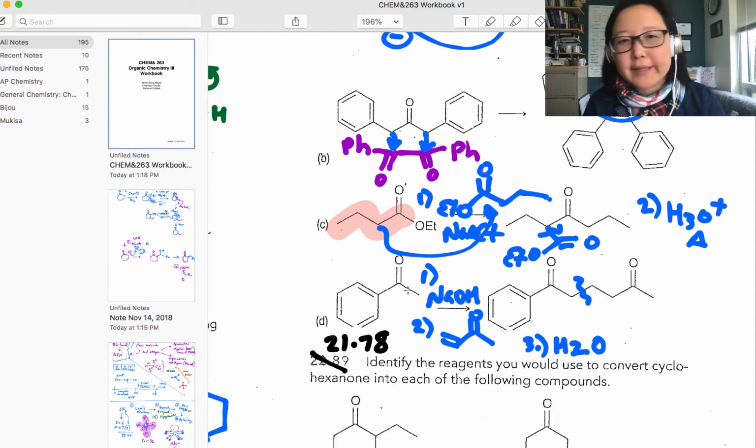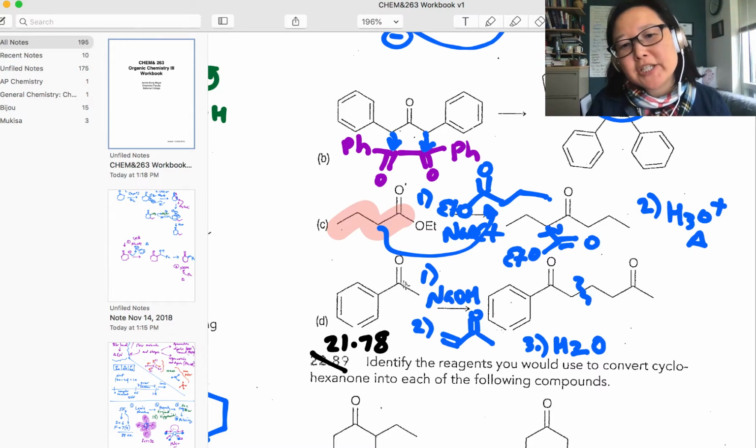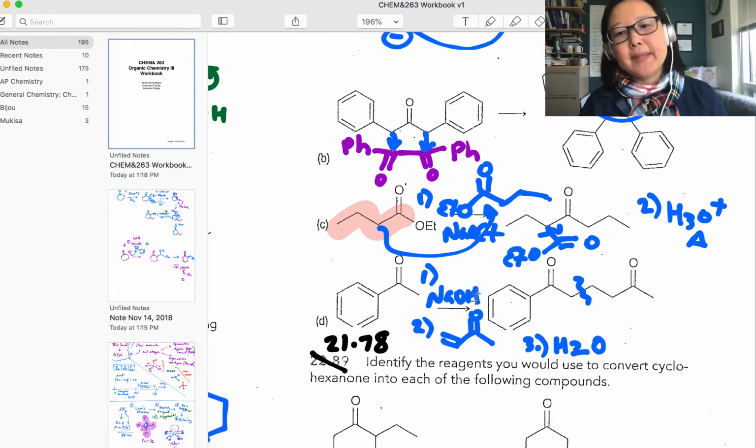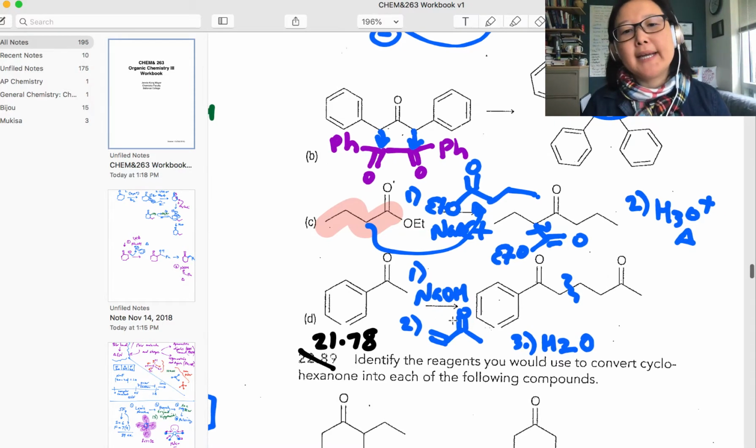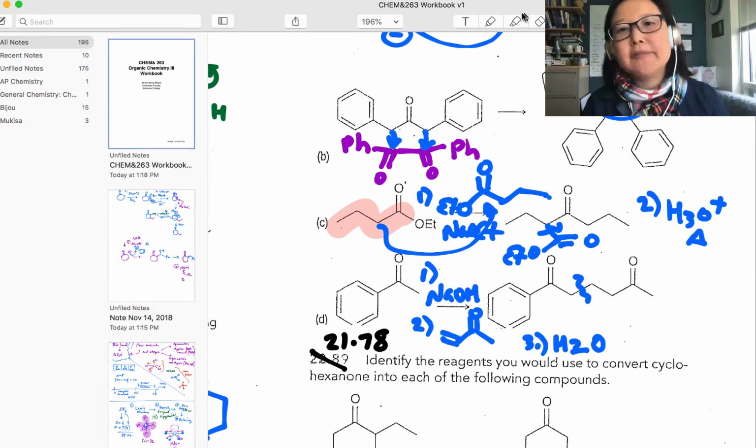So one thing that we learned in this chapter was to make that into a softer nucleophile for the Michael addition. We want to maybe change this into an enamine, and that would make this reaction even better. So this is okay, and it might work, but something that would increase the yield for this could be to make this into an enamine first.